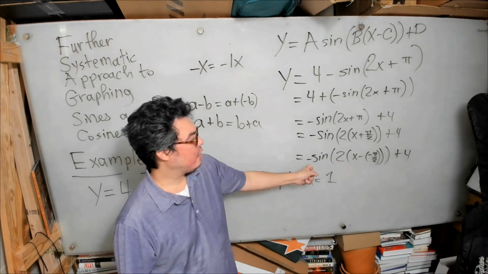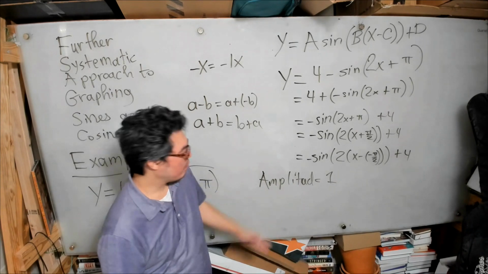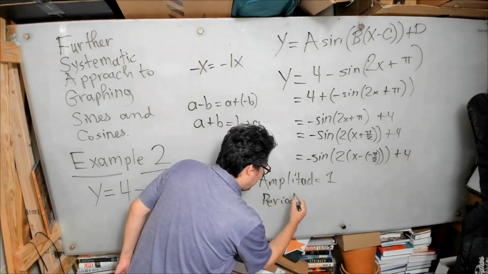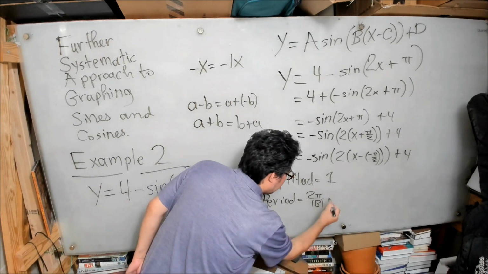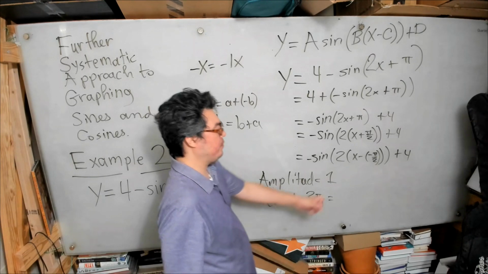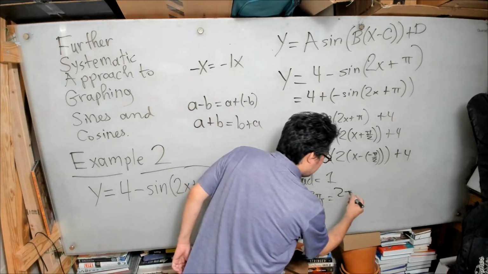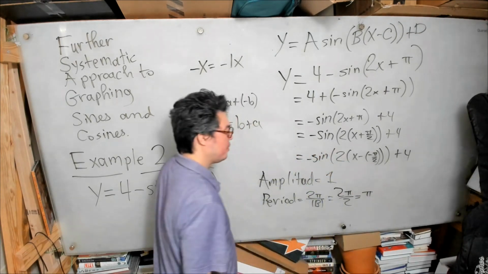If the a is negative 1, well, it's just 1. So our amplitude is 1. Our period. What is our period? Our period is 2 pi over the absolute value of b. In this case, our b is 2. So it's going to be 2 pi over 2, which is just pi. Okay?